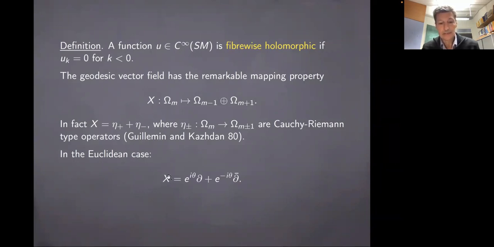In that case, the geodesic vector field is the classical V dot product grad X that usually appears in the transport equation, and writing V dot product grad X as a sum of e to the i theta times the D and D bar operators is a very simple exercise. So you can see now what I meant, but this is totally general, works for any surface.